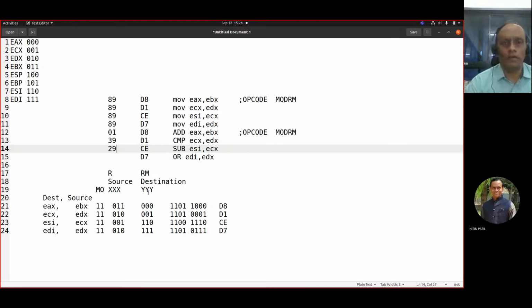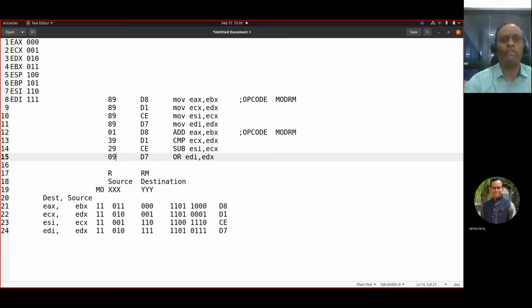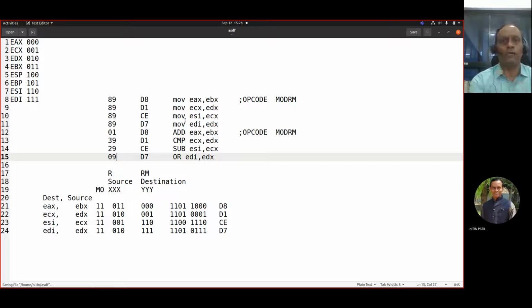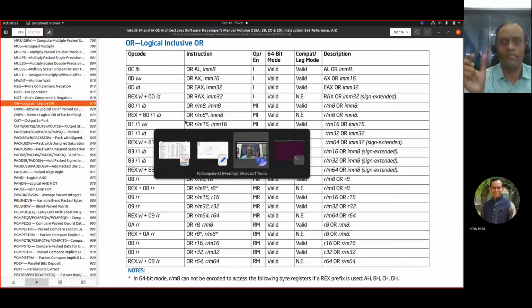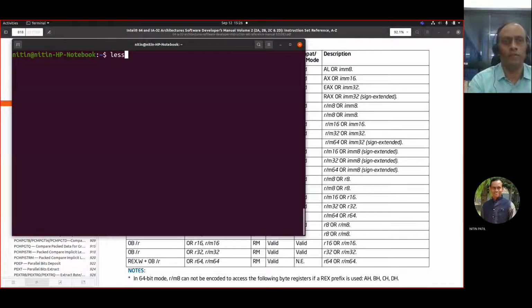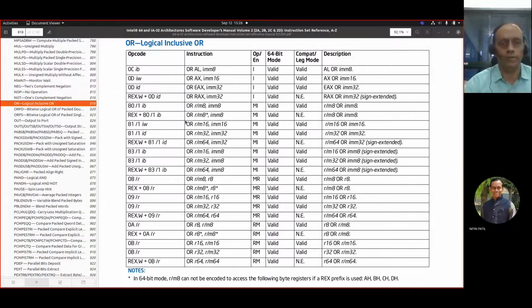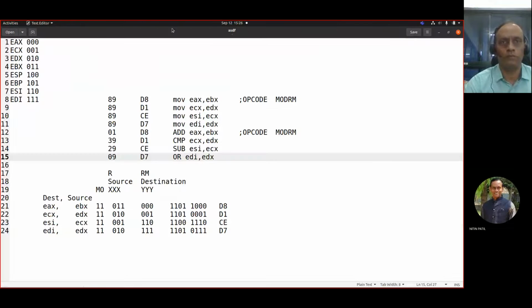Correct. Now when we translate this code, let us save this. What I did here is I have written a code which contains the same instructions. It contains move EAX, EBX. Let me show you this code here.